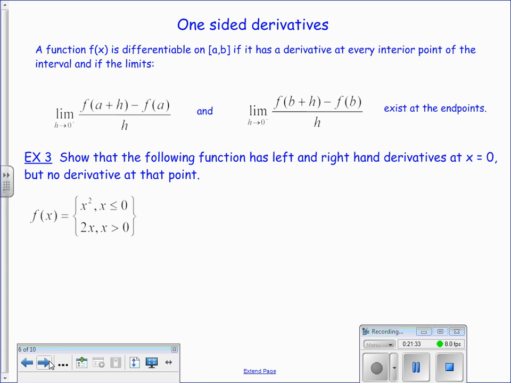Okay. So example number 3: show that the following function has left and right hand derivatives at x equals 0, but no derivative at that point. So, in other words, using the definition of the derivative, it's given to you there. Find the derivative of x squared as x approaches 0 at 0, and 2x at x equals 0, to show that they are not the same value.